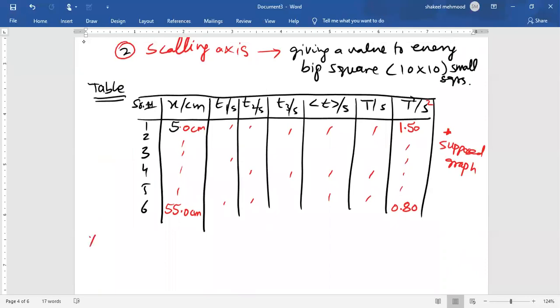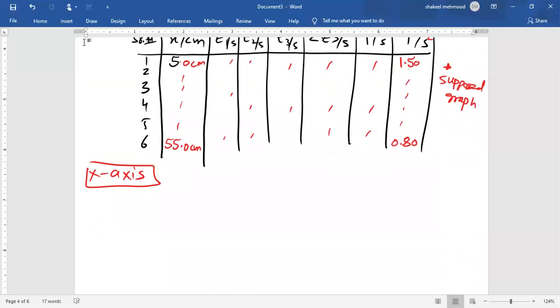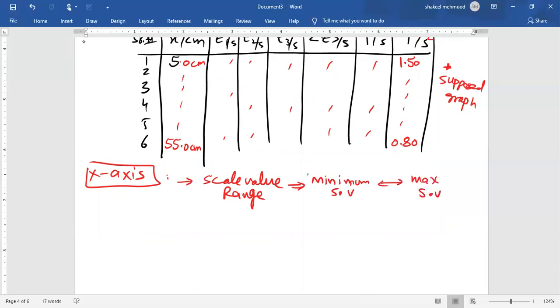For scaling beta, let's first scale x-axis. What you have to do is choose a scale value range. This range consists of a minimum scale value and a maximum scale value.